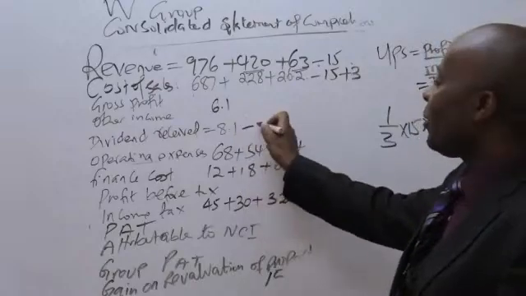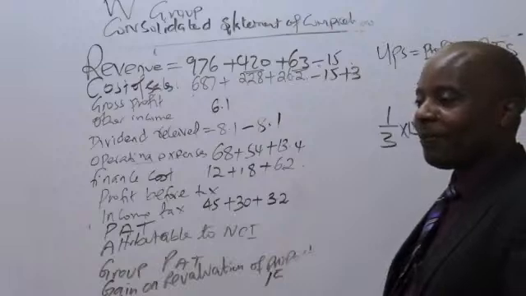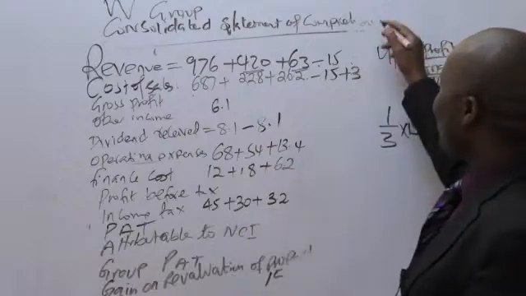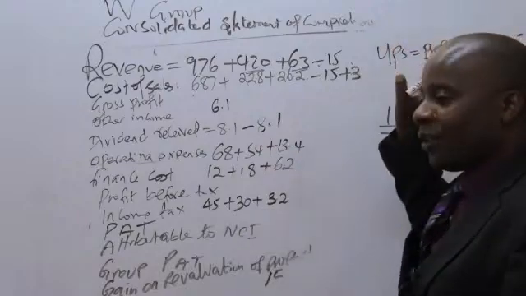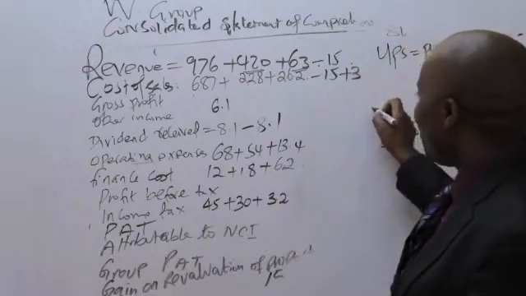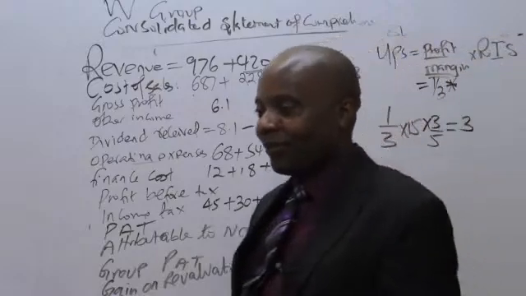So you say minus 8.1. Are you seeing under dividends, if you have a column, sorry, my handwriting is very bad, and that's why I don't teach FR. Are you seeing in this case, under dividends received, you will have 0?